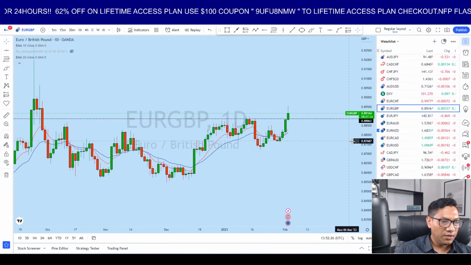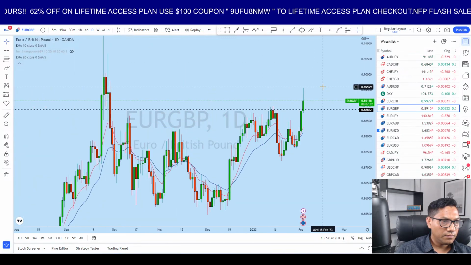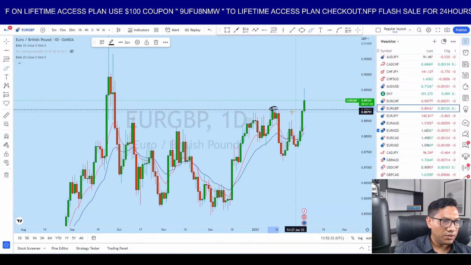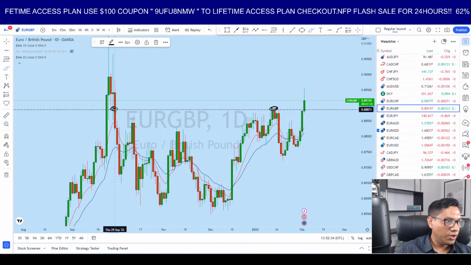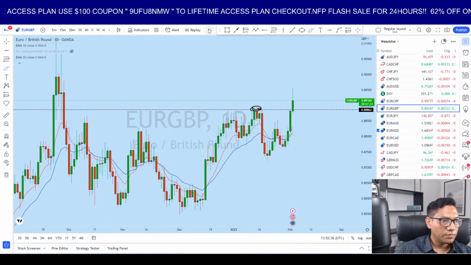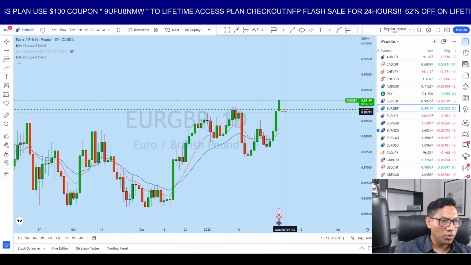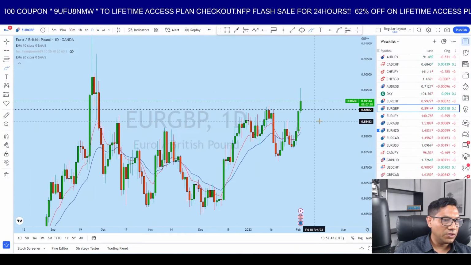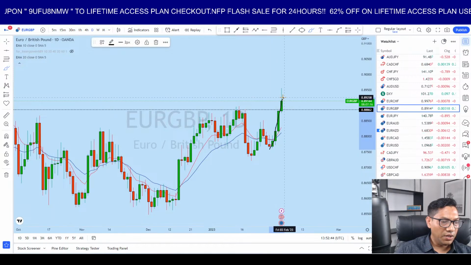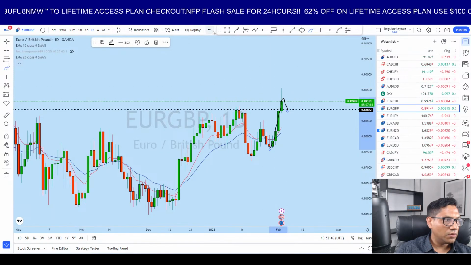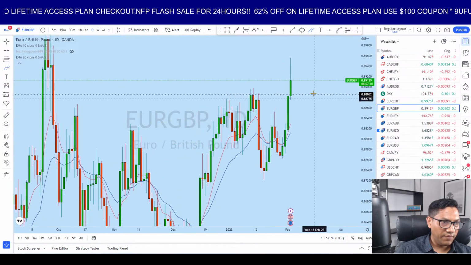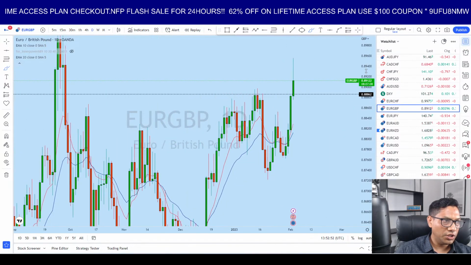Looking at daily, we see there's a previous resistance here, which is also support here, and also this is the price where we can expect a big impulse. This daily chart, I think Euro GBP might give us another bullish trading opportunity.